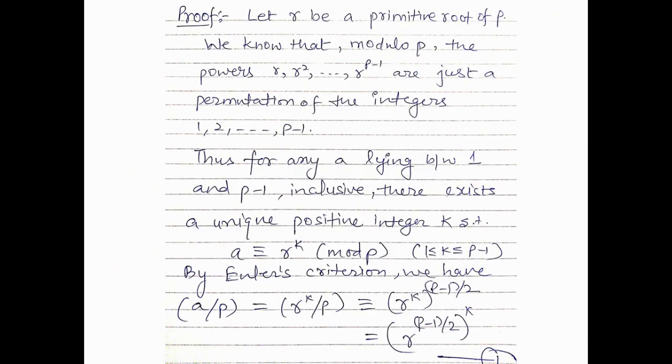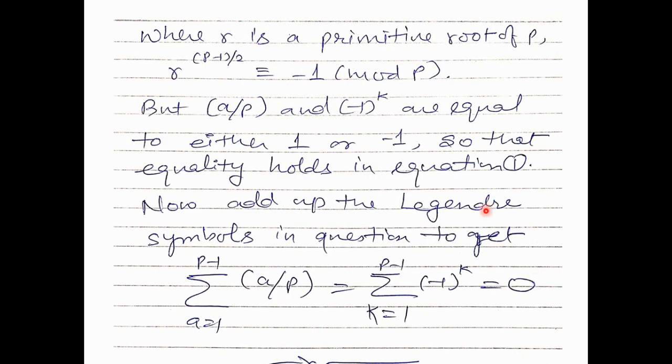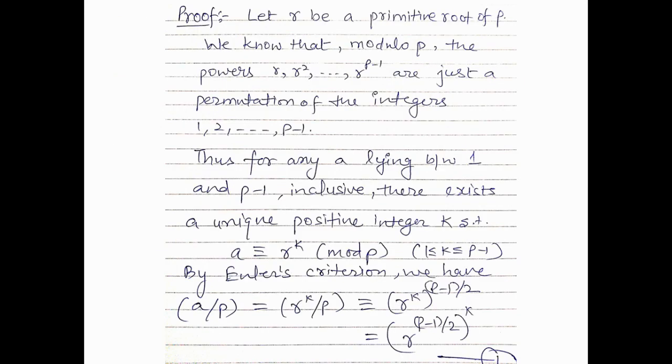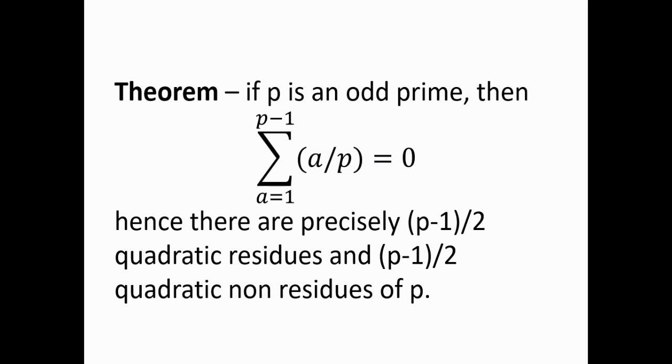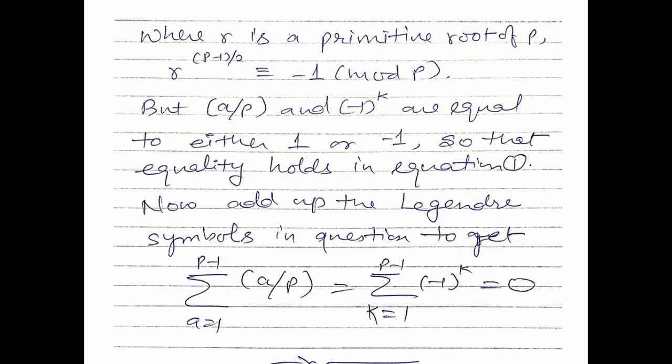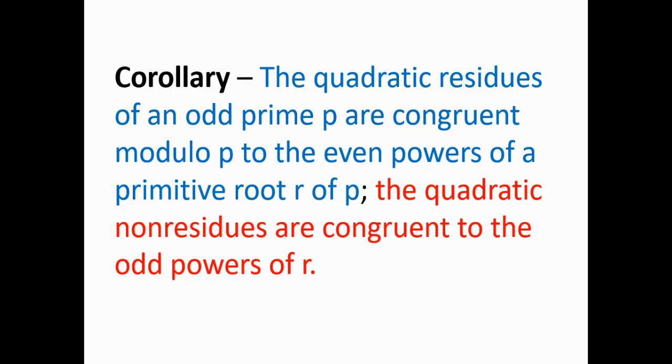Now add up the Legendre symbols to get the summation of (a/p) equal to the summation of (minus 1) to the power k, k from 1 to p minus 1. And if you expand this, we will get 0. So we have proved that the summation of (a/p), a from 1 to p minus 1, comes out to be 0. That is a very important result.